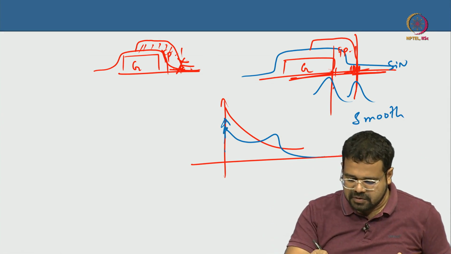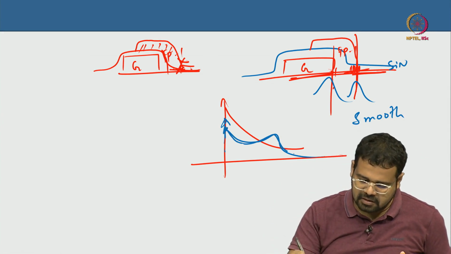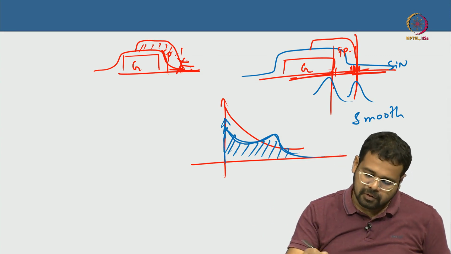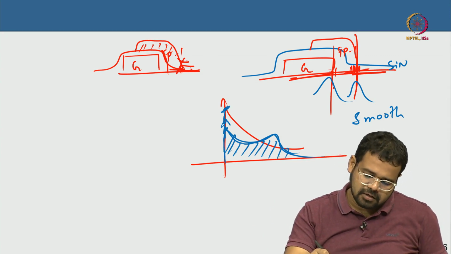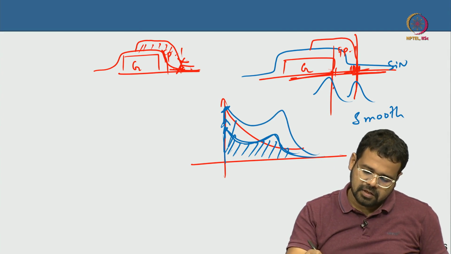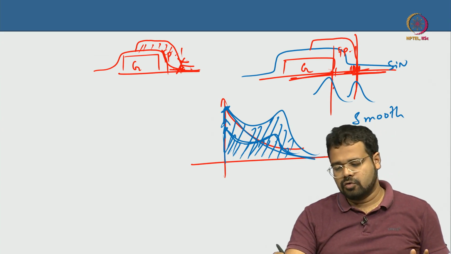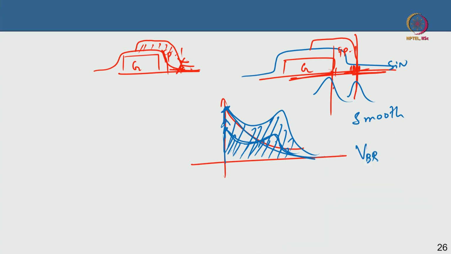So there is a peak here, there is a peak here, but the area under this can now be more, because now you can go to higher voltages. When it reaches this point it will have something like that. So the area under that curve is actually much more than the area under the red curve here, okay. So your overall breakdown voltage, which is the area under the curve, increases. This is the funda behind the field plate.